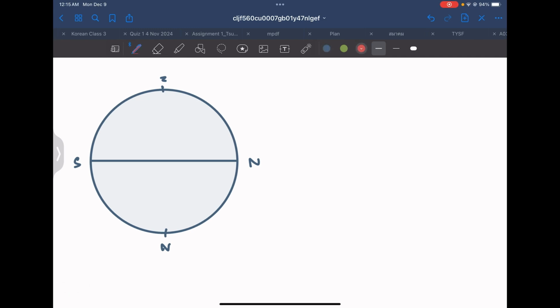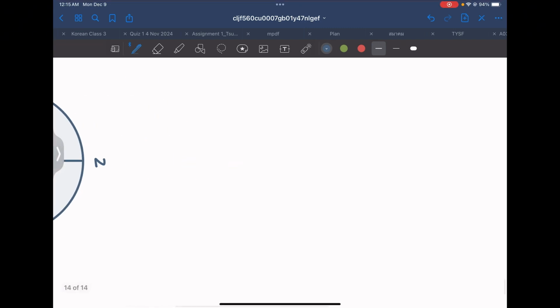For circumpolar stars, the declination needs to be greater than or equal to 90 degrees minus the observer's latitude.